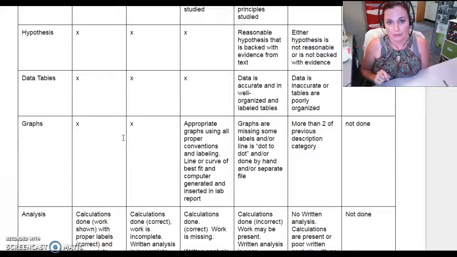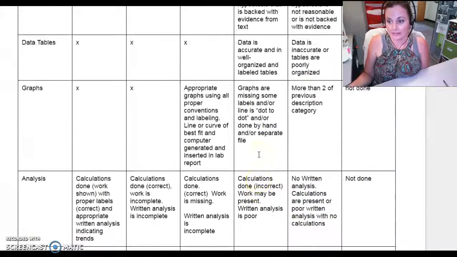So go back to your textbook, find information that actually supports your hypothesis, and that should be cited as part of your hypothesis. Okay? So you'll see that to get full points, you have a reasonable hypothesis that is backed with text-based evidence.